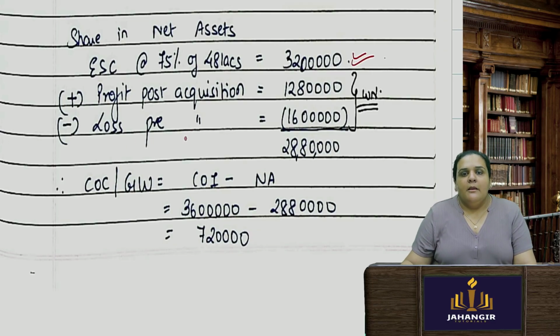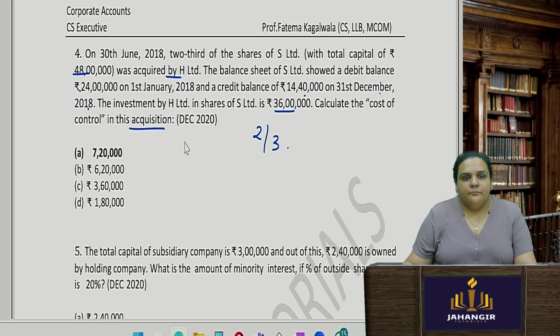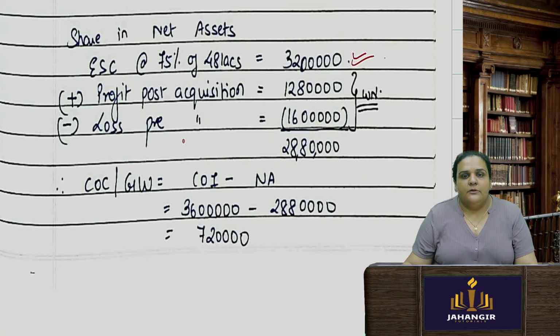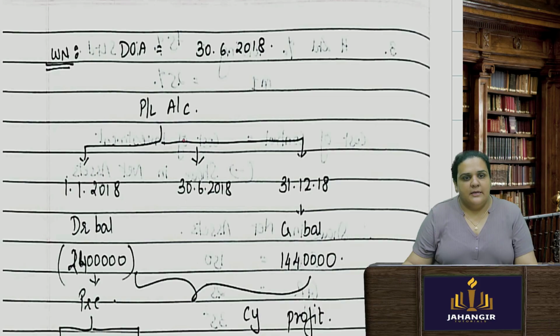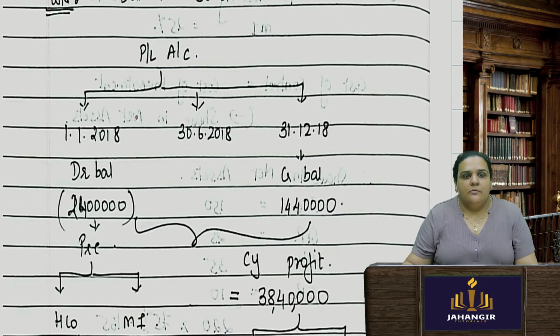Now, the balance sheet of S Limited showed a debit balance of 24 lakhs. The date of acquisition is 30th of June 2018. The P&L account on 1st of January showed a debit balance of 24 lakhs, and on 31st December it closed at 14,40,000.